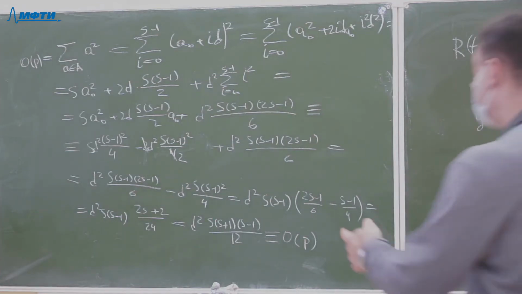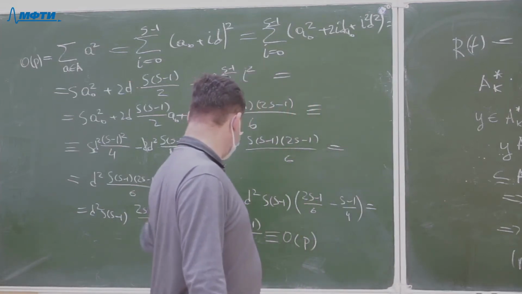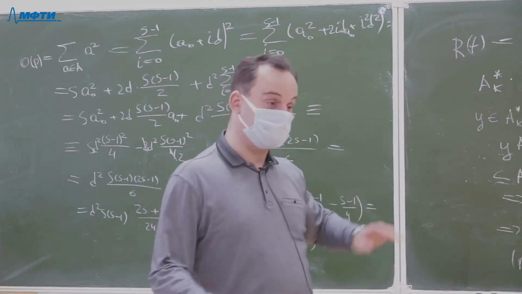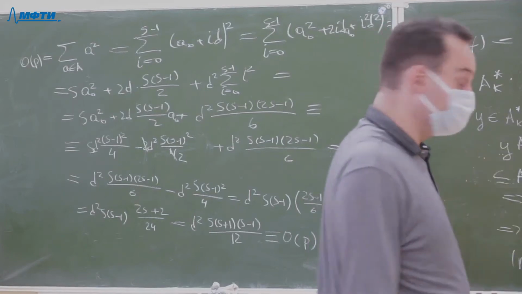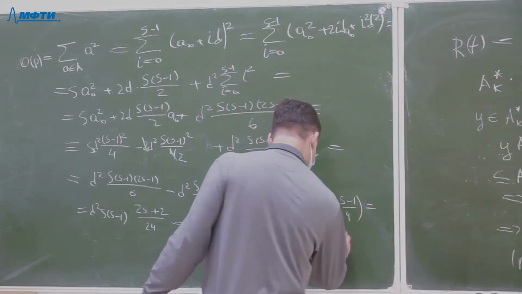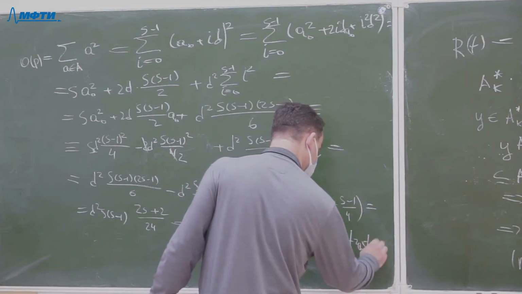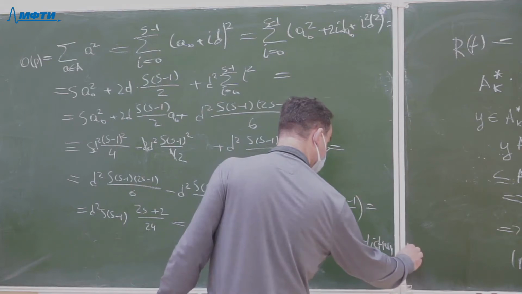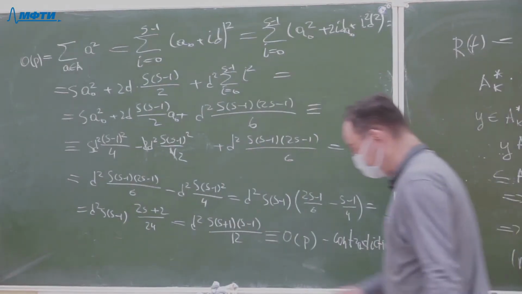So this part is not 0, and this part must be 0, but this cannot happen. So our supposition is false. Contradiction. So, okay. Good. Next lemma.